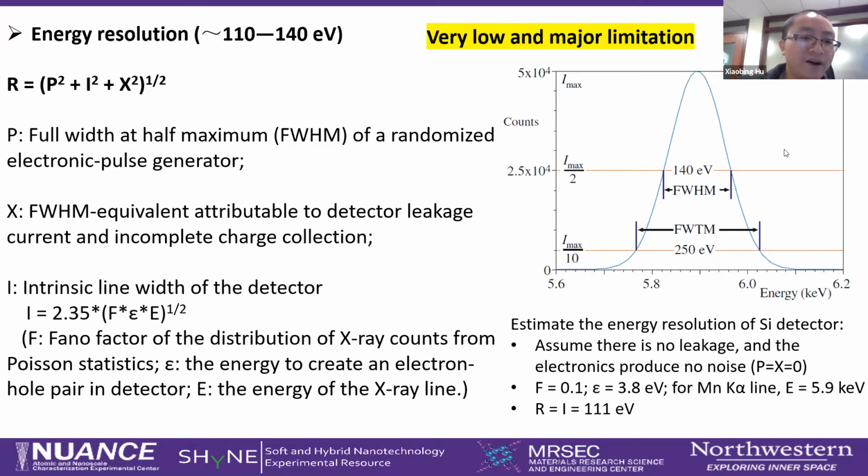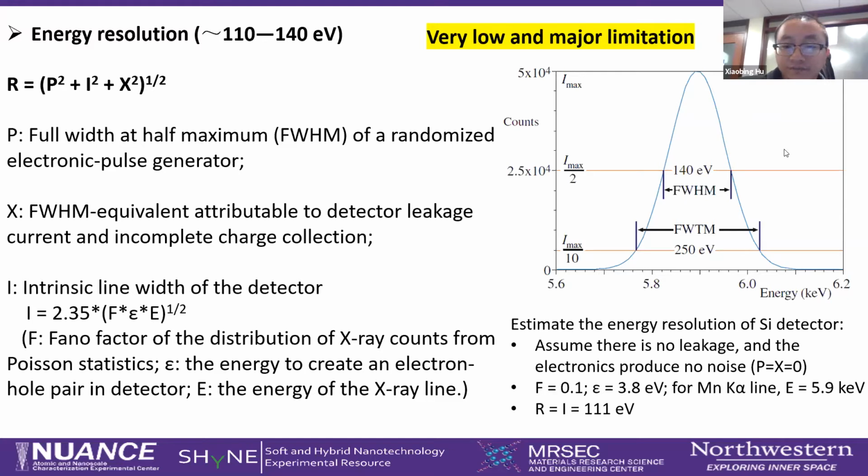The other one is I, the intrinsic line width of the detector. This one can be described like this, and it is related to the distribution of aggregate counts from the Poisson statistics. Epsilon is the energy to create an electron-hole pair in the detector, E is the energy of the aggregate line, and X is the detector leakage.